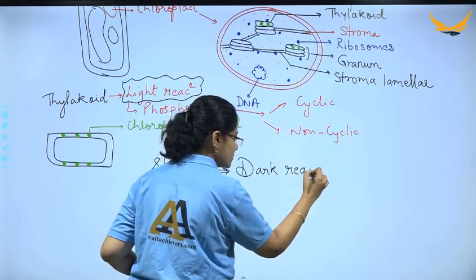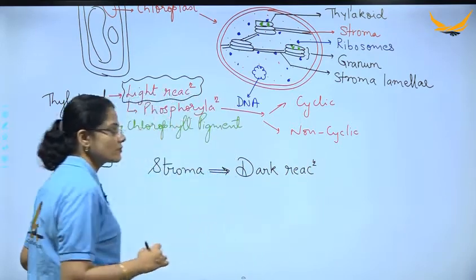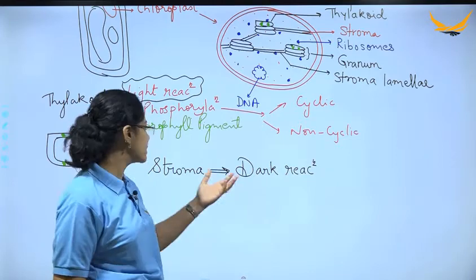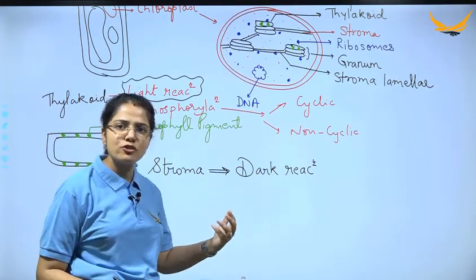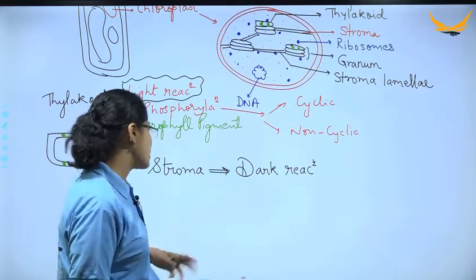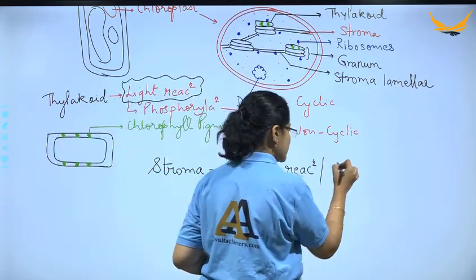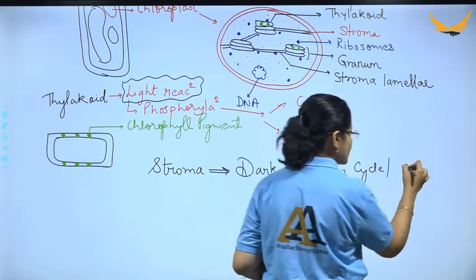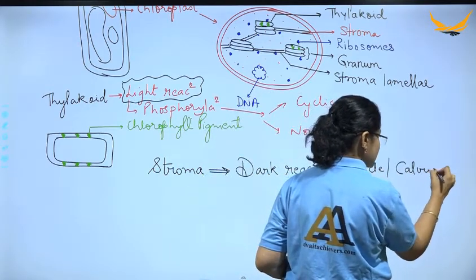All right? क्यों? क्योंकि जो एंजाइम जरूरी है डार्क रिएक्शन कैरी आउट करने के लिए वो कहाँ प्रेजेंट है? वो सारे स्ट्रोमा में प्रेजेंट है. हेंस डार्क रिएक्शन टेक्स प्लेस इन द स्ट्रोमा. डार्क रिएक्शन को हम और क्या बोलते हैं? C3 cycle, and we also call it Kelvin cycle.